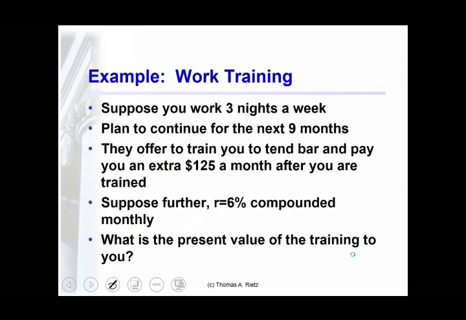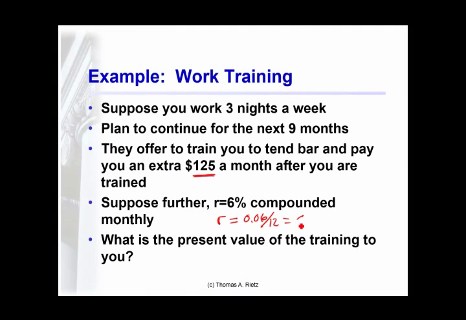There's lots of examples of this. Remember the work training example we did in the simple present value and future value, valuing $125 every month for the next 9 months with a per month interest rate of 0.5%.